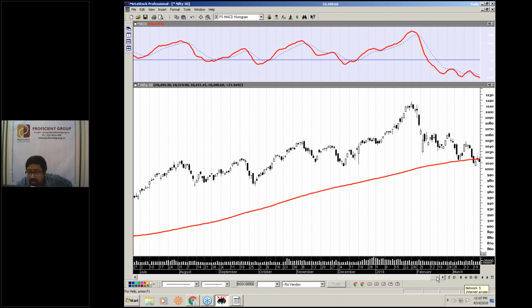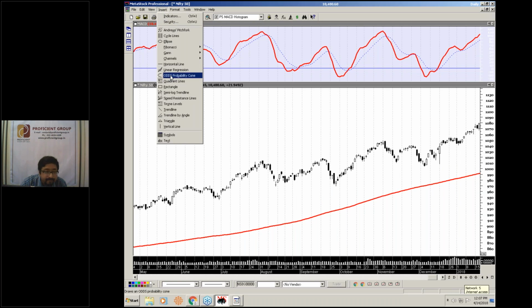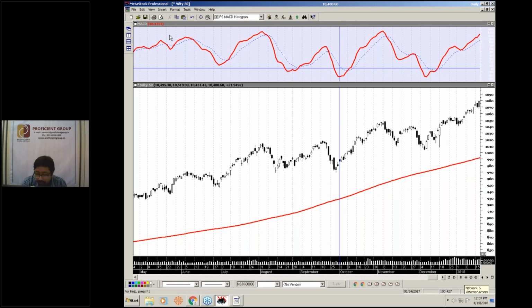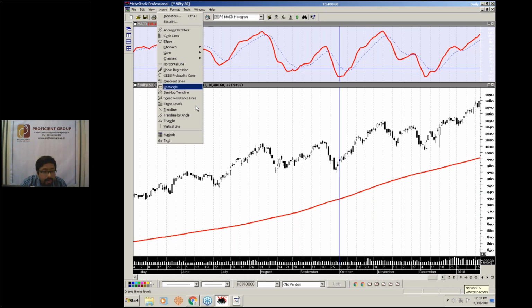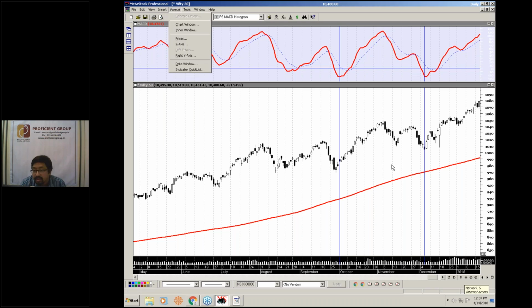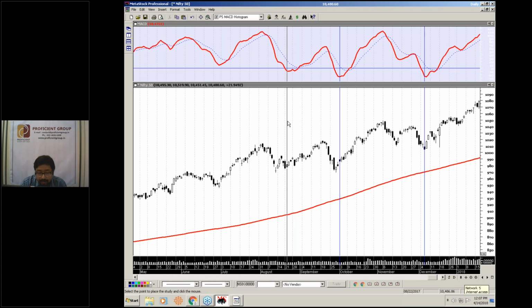Now I am drawing your attention to these three portions here. That is in around October of 2017, at around December of 2017, and at around August of 2017.